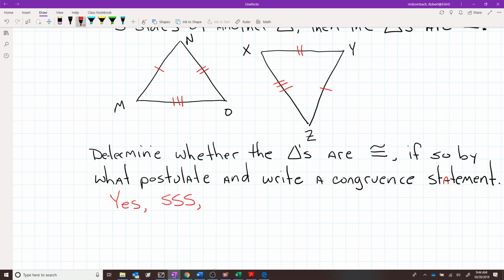So, when we write this congruent statement, we can label the vertices of the first triangle in any order you want. I'm going to call the first triangle OMN. Triangle OMN is congruent to triangle, and here's where it gets important.